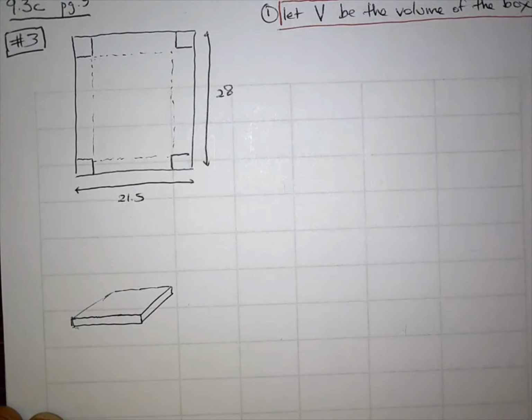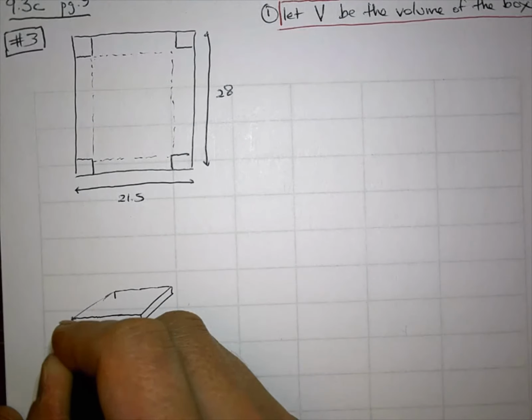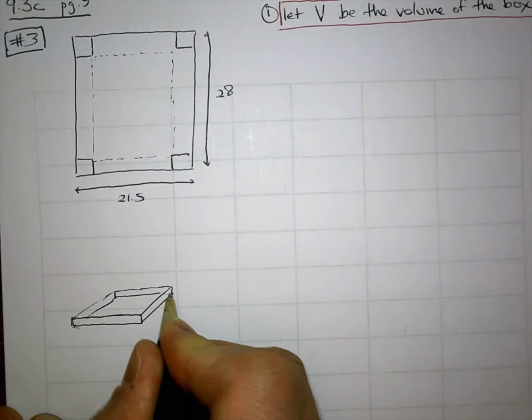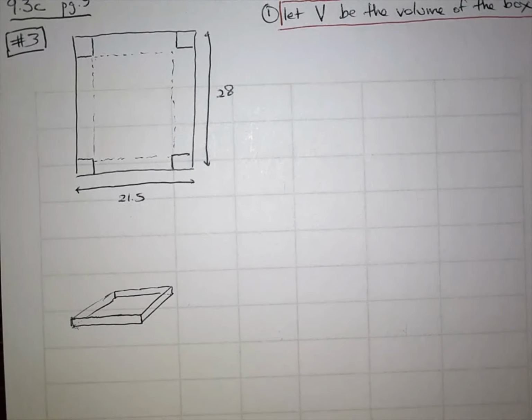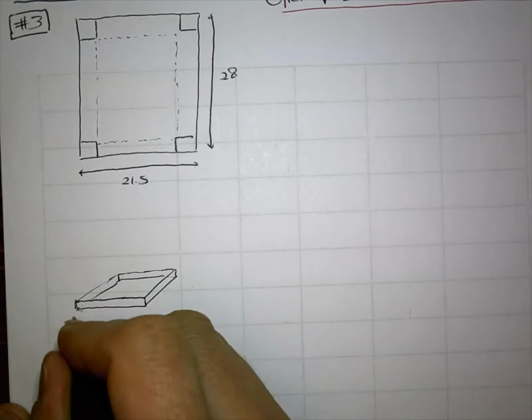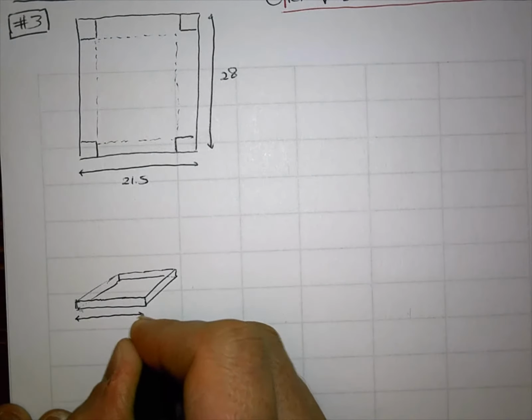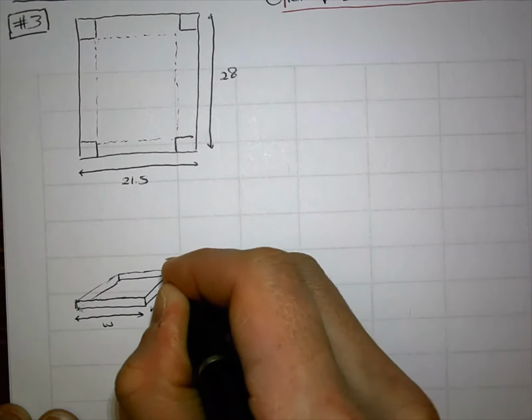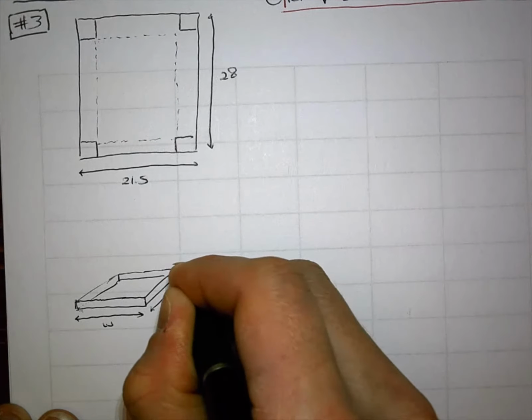Hopefully pays off. Something like that, right? It's a box. Okay, so how would I find the volume of this? Well, you can imagine there's a width to this box, a length to this box, and then from grade 9 math, you remember there's a height to the box.